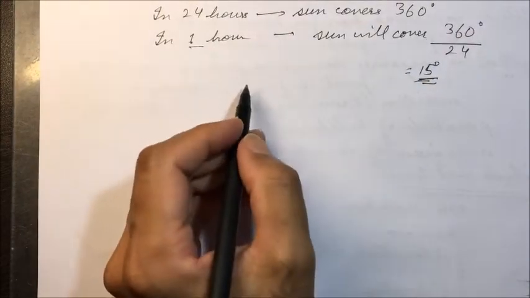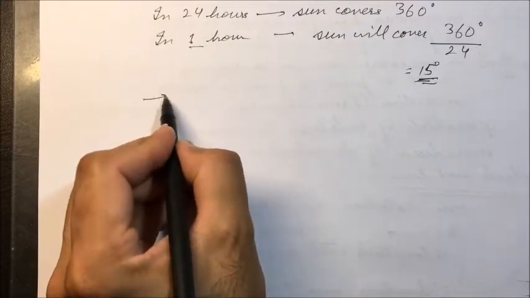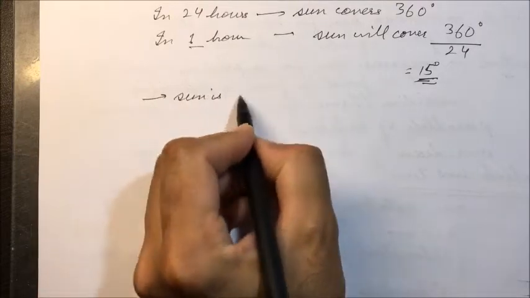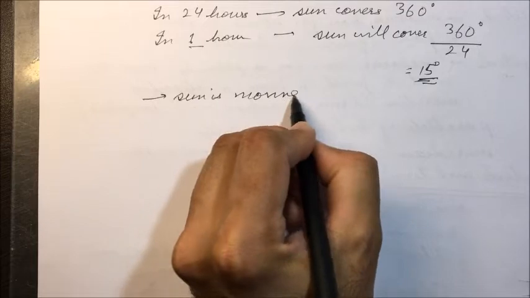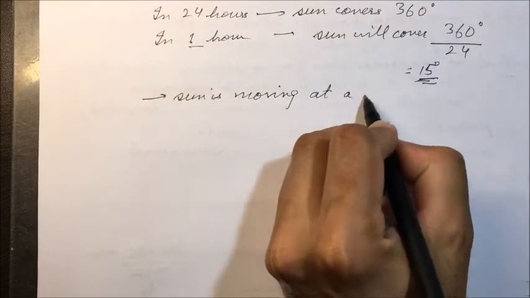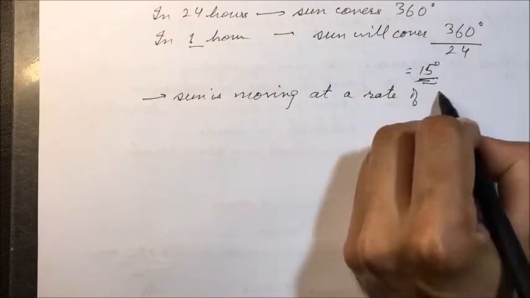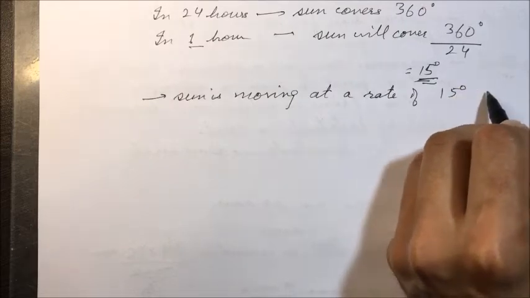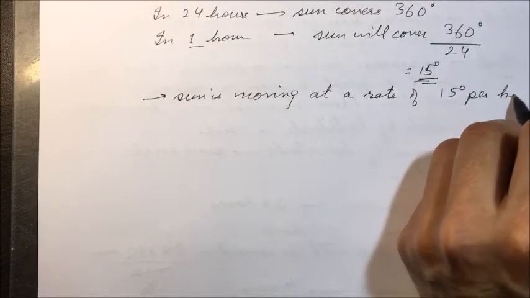So we can say the sun is moving at a rate of 15 degrees per hour.